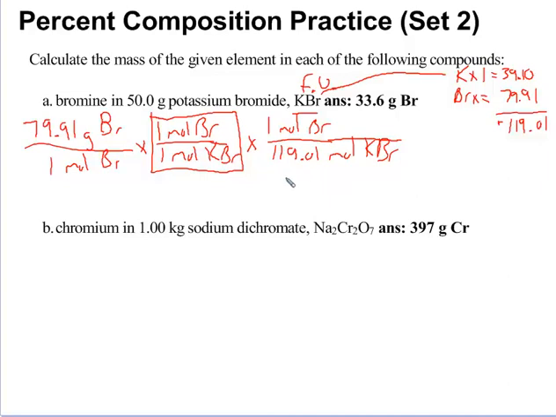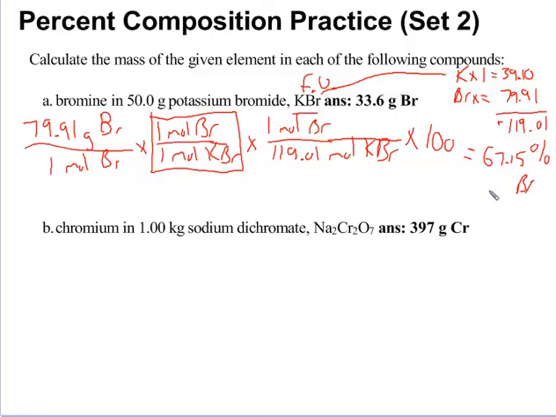Then we just plug everything in the calculator and solve. What's 79.91 divided by 119.01? And it's percent composition, so we multiply by 100. And we get a value of 67.15% of bromine.